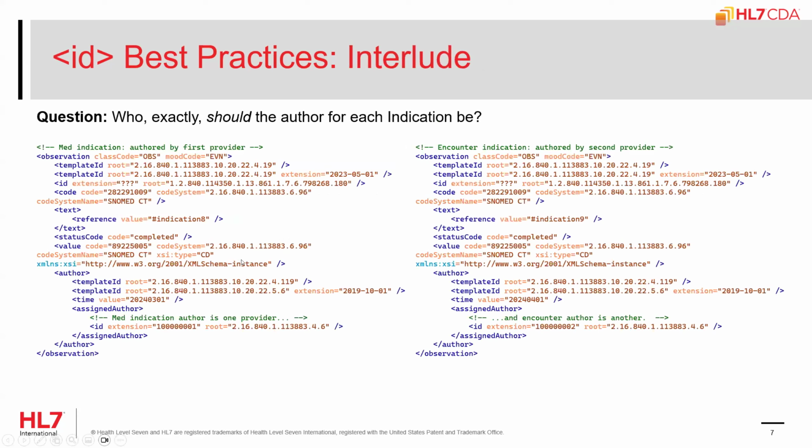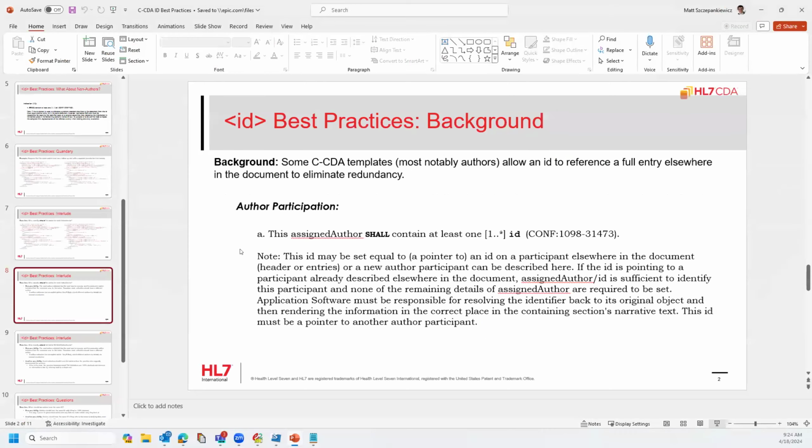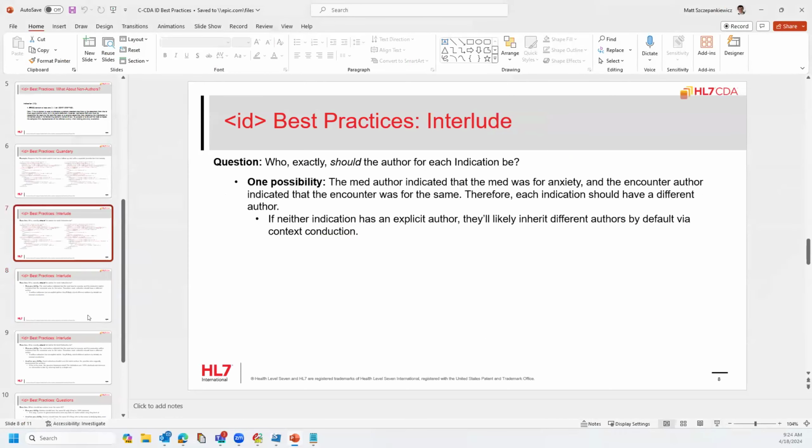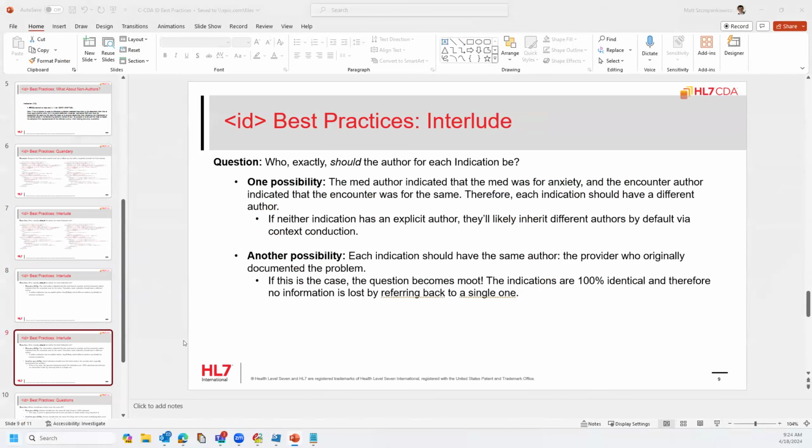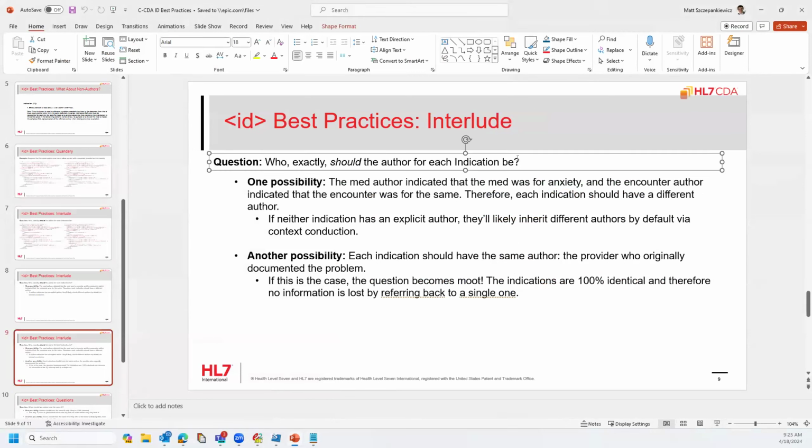So in my mind, the two questions that I want to ask for now, the first is about who exactly should be the author for each indication. Maybe just go on the slide and let's talk about them separately.